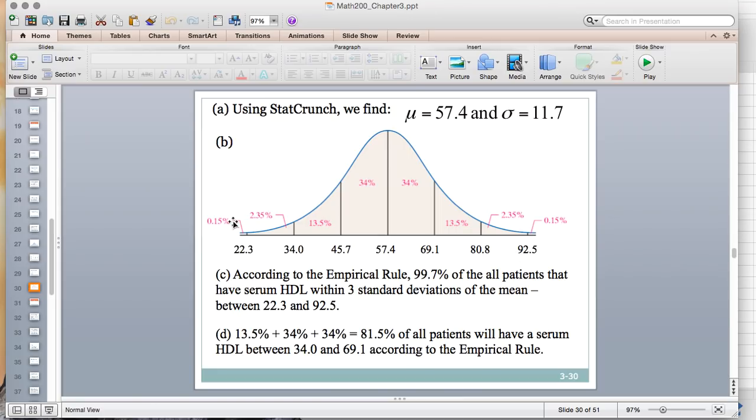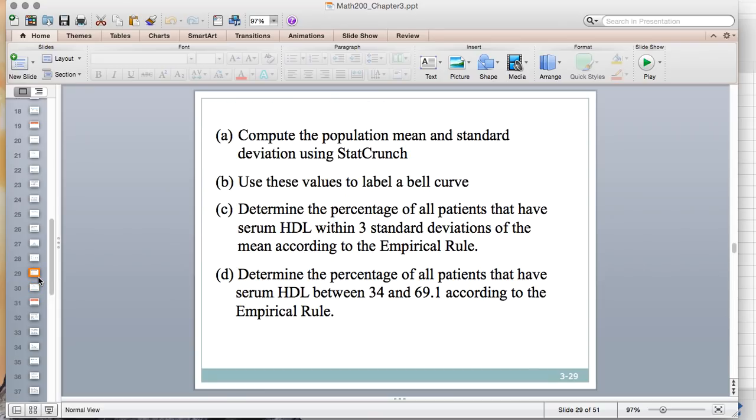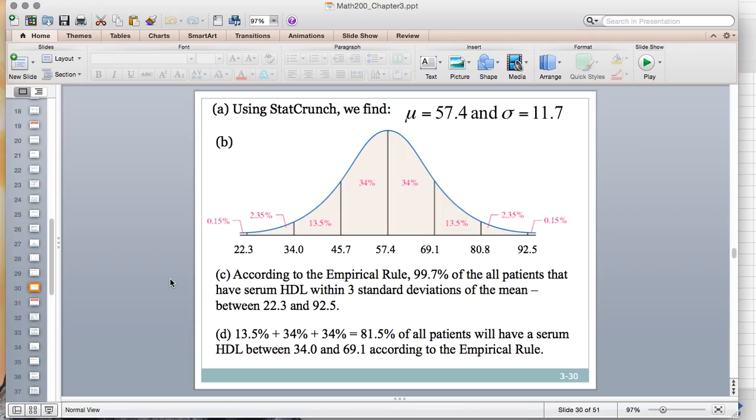So if we look back at the questions real quick, we want to know the percentage of all patients that have a serum HDL within 3 standard deviations. So if we look at 3 standard deviations, we know that 3 standard deviations goes with 99.7% of all patients.